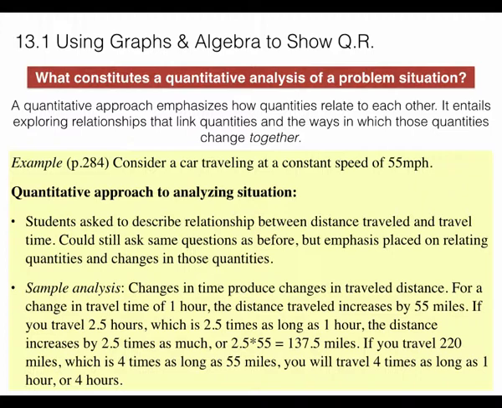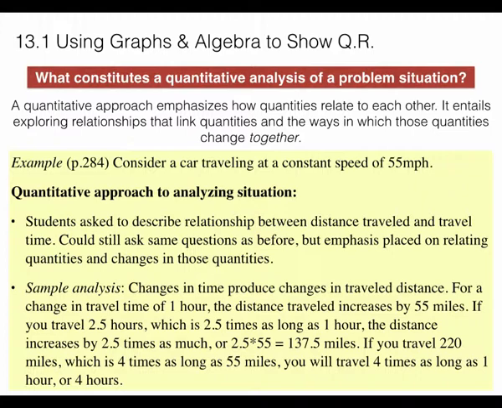Now if you travel for 2.5 hours, 2.5 hours is 2.5 times as large as 1 hour. So the distance traveled will be 2.5 times as large as what it would have been in 1 hour. So 2.5 times 55 gives you that number of miles.